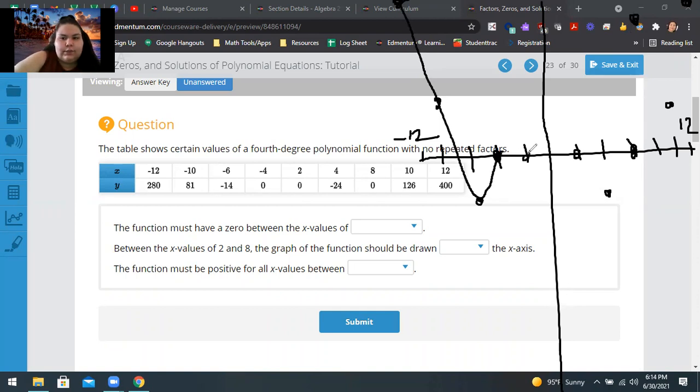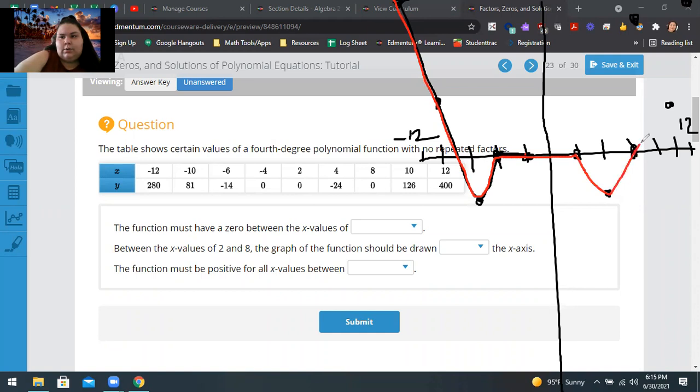Negative 4, 0, and 2, 0. So it goes like this, a straight line. Maybe I should change the color of this. So let me change the color. We have our graph that looks like this. Then it goes straight, and then it's 4, negative 24. Oh, it goes all the way this way. And then it's 4, negative 24.